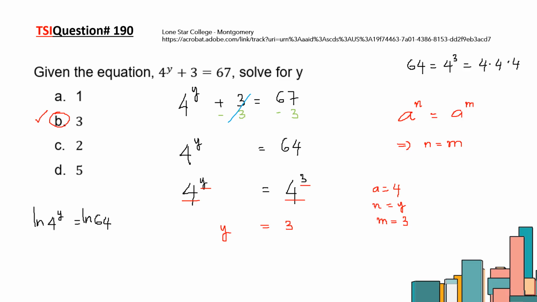Then we use the power rule. We have y ln of 4 equals ln of 64. Then we divide both sides by ln of 4. We cancel this. You have y equals ln 64 over ln of 4.